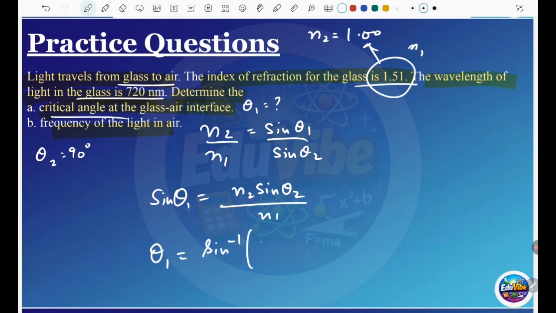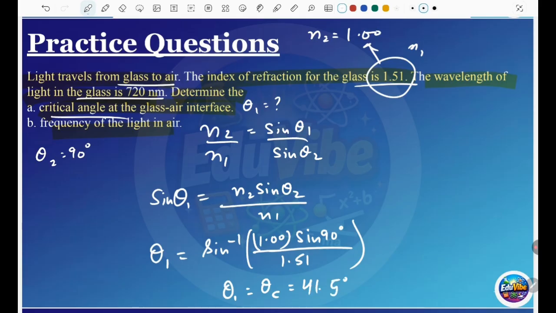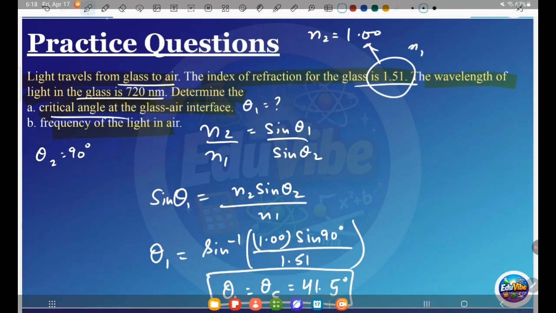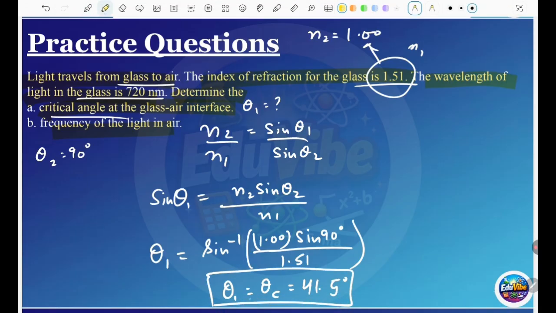So n2 is 1.0, sine 90 degrees, divided by 1.51. When you solve this, you get theta 1, the critical angle, of about 41.5 degrees. So this is your critical angle at the glass interface.